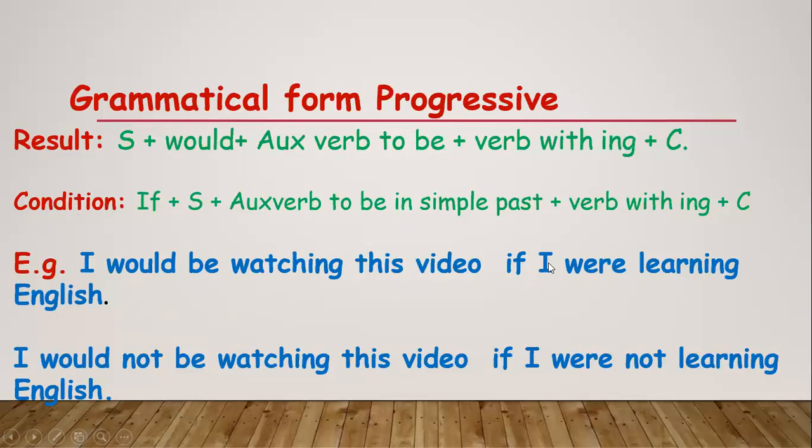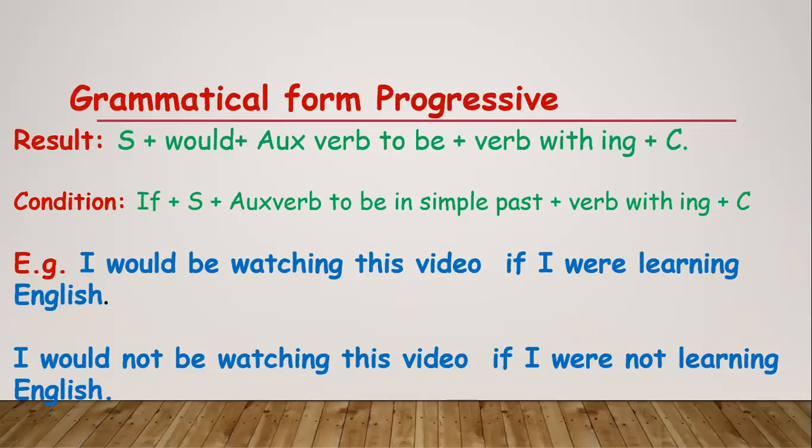If, subject I, auxiliary verb to be in simple past, were, porque ya sabemos que para los condicionales con I, la forma más común es utilizar were. Were, porque es el pasado también del verbo to be. Were, después tenemos verb with ing, learning, and the complement that is English. Esta frase que está escrita acá, este condicional, está en forma afirmativa. Miren que no tiene negación por ninguna parte. Simplemente que también está en forma progresiva porque también se puede hacer condicionales con formas progresivas.